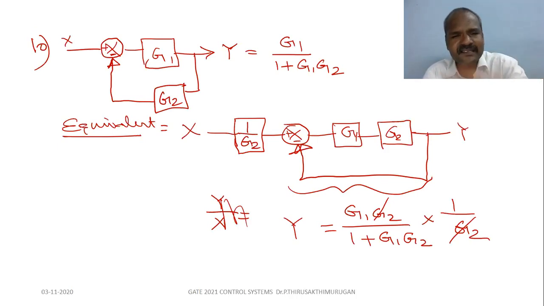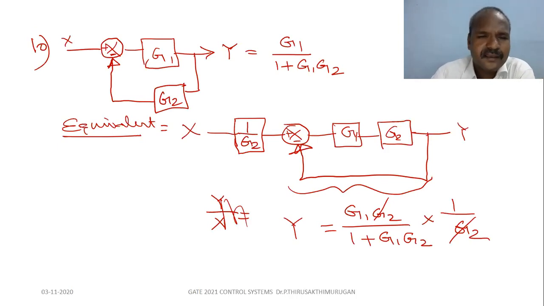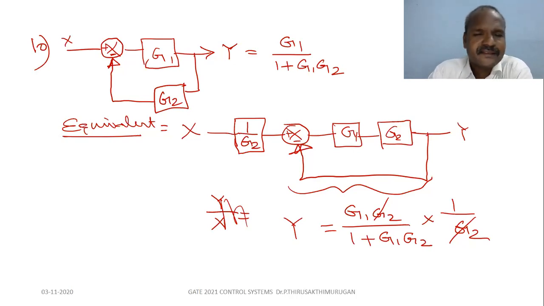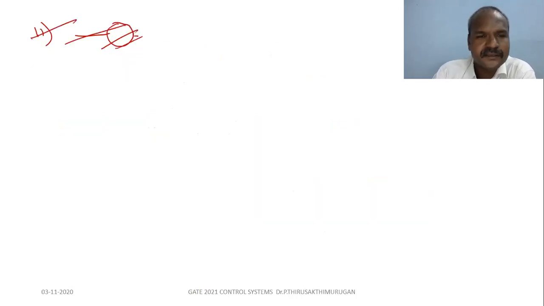If you understand how to alter the summing blocks from after to before, and how to alter the takeaway point from after to ahead or ahead to after the block, then it is very easy to answer any twisted questions from the block diagram reduction techniques, right? So next is signal flow graph.